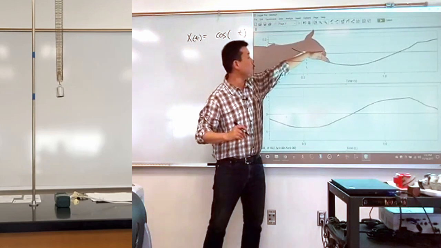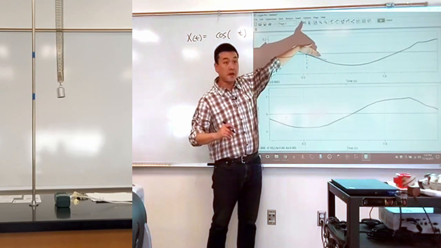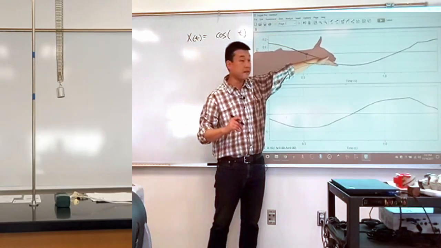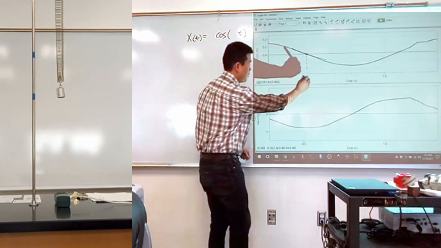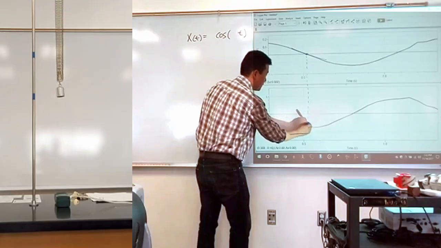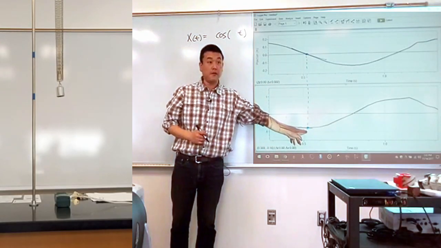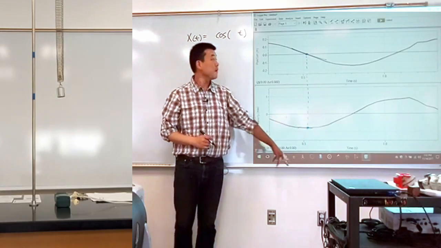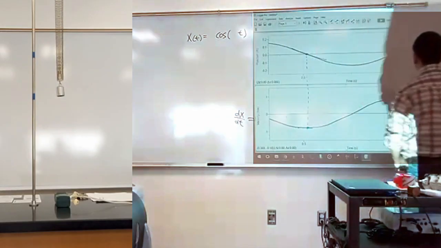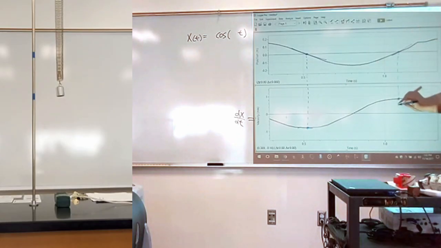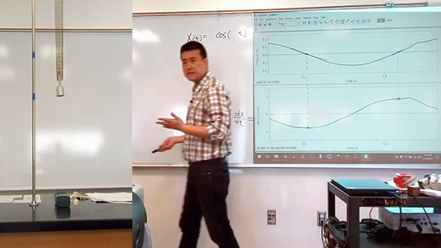So this is the position where your slope is at a maximum, because before this, it was at a gentler slope, and after this, it's at a gentler slope again. And when you look at the same point down here, yes, it is at the maximum absolute value of the speed. The same thing happens as it's going through the same equilibrium going the other way. When you look at the speed, it's at a maximum again. Good? All of this makes intuitive sense?